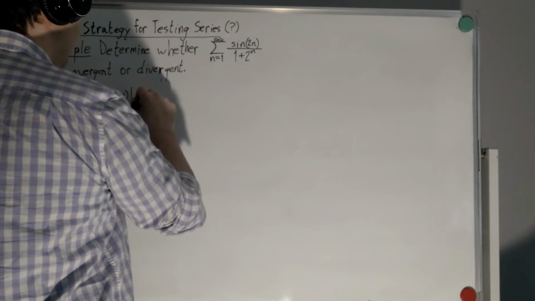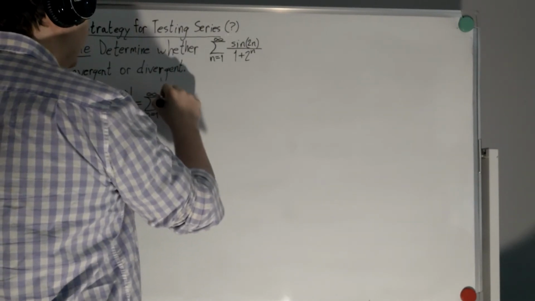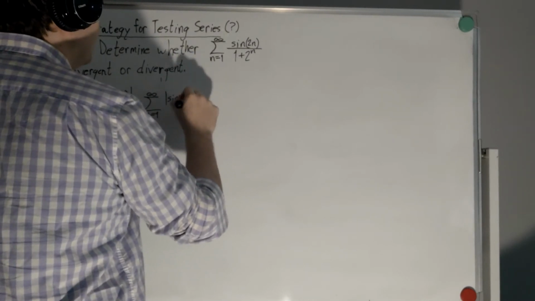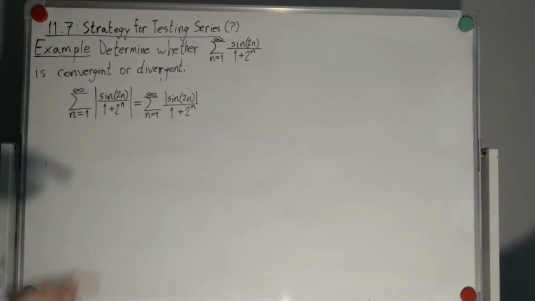Well, this is the same thing as the sum from n equals 1 to infinity of the absolute value of the sine of 2n, divided by 1 plus 2 to the n. Right, because 1 plus 2 to the n is positive, so we don't really need to worry about that part.